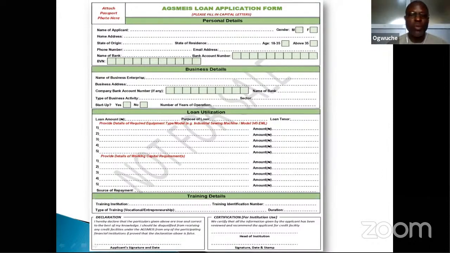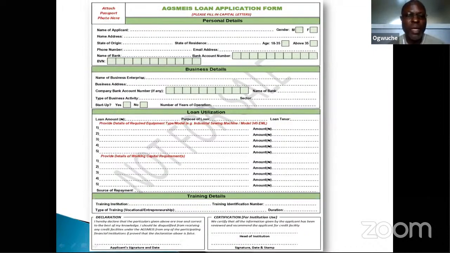So for something like that, we could simply say, for example, Aboya farms, or Aboya poultry farms. That is a business name, whether it's registered or not. We just need that for purposes of developing the business plan, generating the data for the business plan. Business address, that's where the business is located. You give us that one.